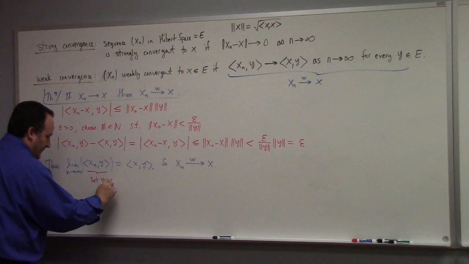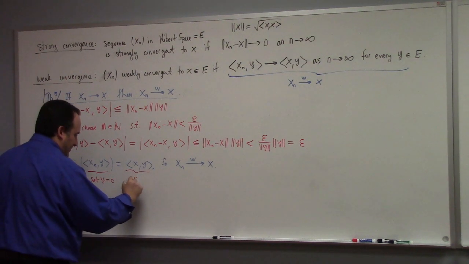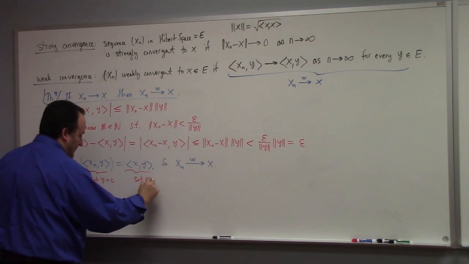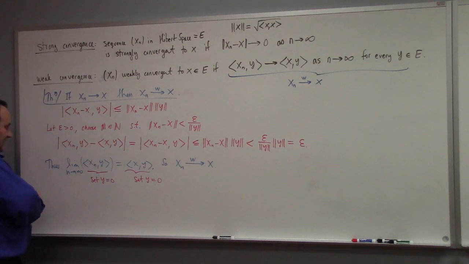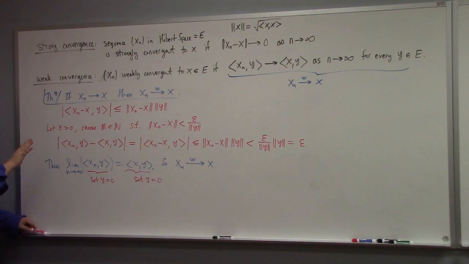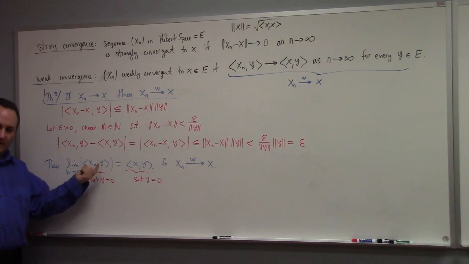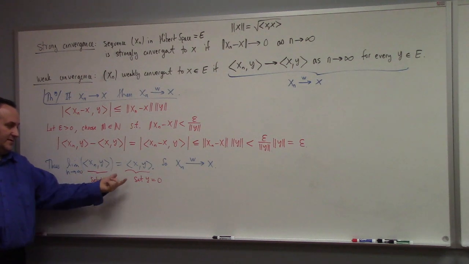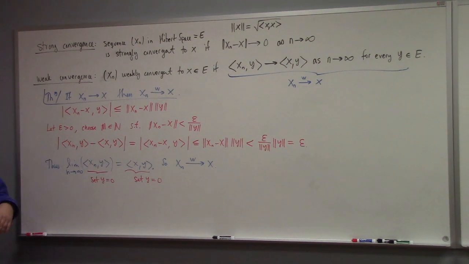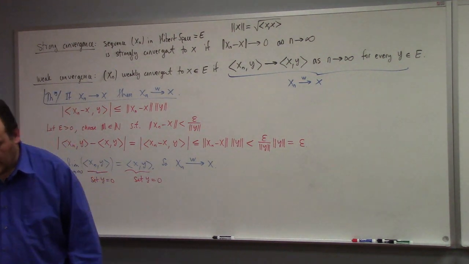Set y equal to 0 here, what happens? Is the equation true in that context? My argument fails in that case, but this is the exceptional case, and it's not a big deal because whenever you take the inner product with 0, you get 0 on both sides. The limit of the 0 sequence is 0 as well. That's also at play here, not that it's interesting. So that's that.